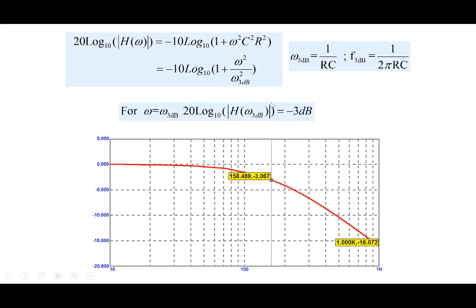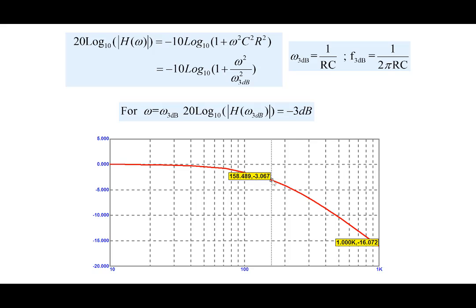And at this particular frequency here, the signal has fallen by 3 dB. The signal has fallen by 3 dB here. So 3 dB is a transition point. It's a point where the signal is beginning to get attenuated.